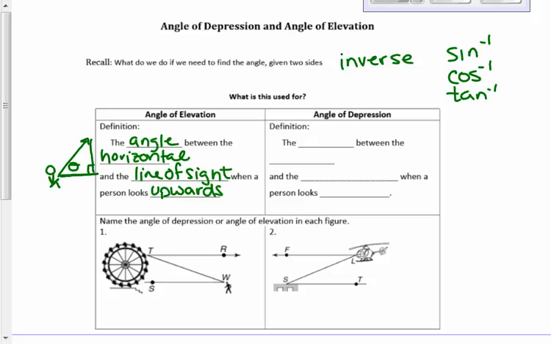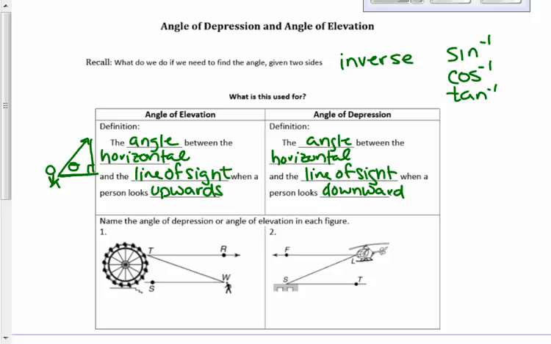Angle of depression is the angle between the horizontal and the line of sight when a person looks downward. That means that person is up top.